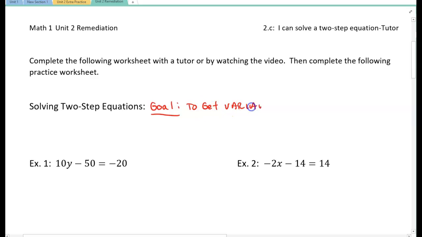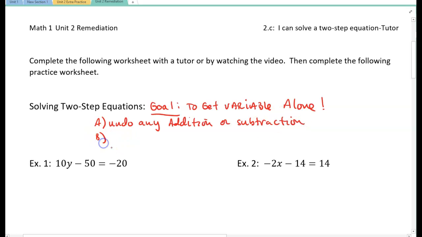the variable alone, basically. All right, and that's the key part. And the first step in doing that is to make sure, step A, we undo any addition or subtraction.